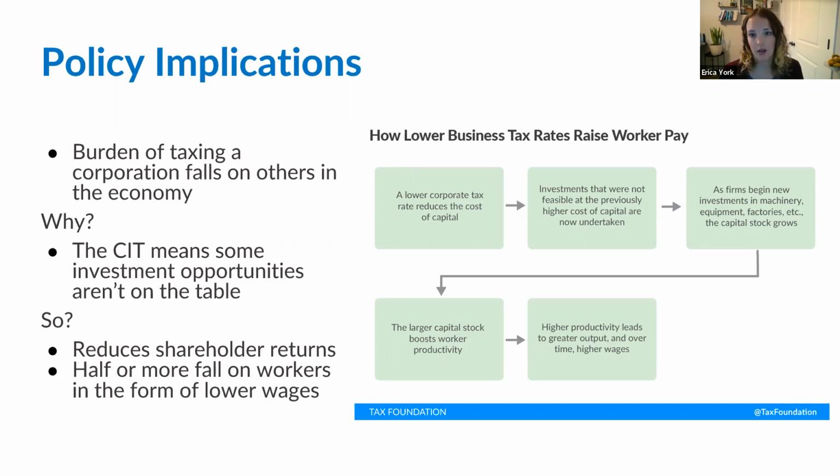Another way that workers can bear the burden of the corporate tax is if they own corporate stock, whether directly or indirectly through pensions and other retirement accounts. Their savings can be harmed by the corporate tax. That's because a higher corporate tax rate lowers the present value of future expected after-tax cash flows from corporations, or in other words, it reduces equity values.